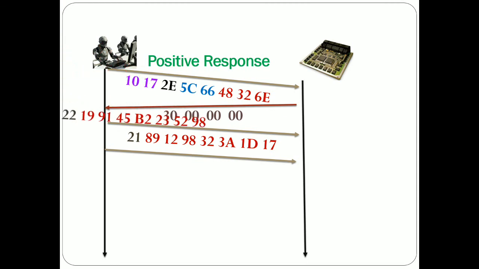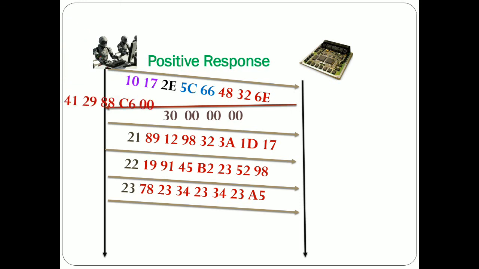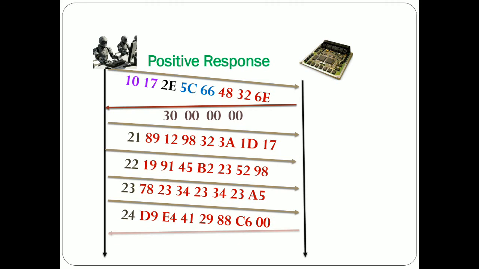Again 2 is the code for the consecutive frame, and the next 2 is the second frame in the consecutive frames, like that. However many data frames you have, the counter increases by 1. Once all the data has been written, the ECU will send you the positive response of 03, that is PCI length, 6E, 5C, and 66.